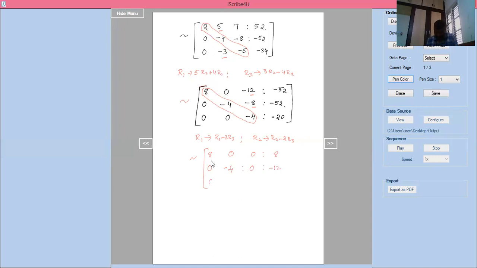The third row I am writing as it is. I am not performing any kind of operations. Now we will get only the principal diagonal elements, so the remaining elements I made 0.